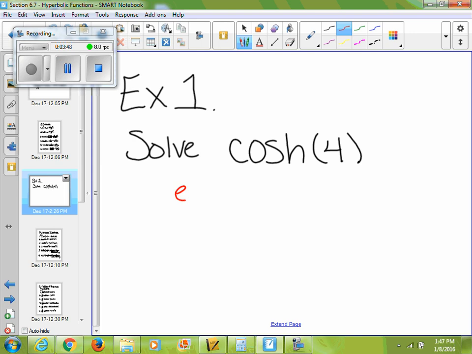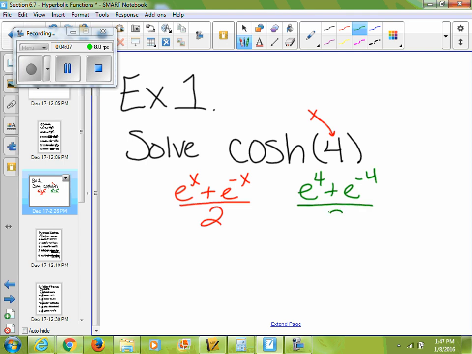E to the x plus e to the negative x over 2. Perfect. Okay, so in this case then, our x is equivalent to 4 because we're trying to find the hyperbolic cosine of 4. So then this function would equate to (e^4 + e^(-4)) divided by 2. And then put it in your calculator.